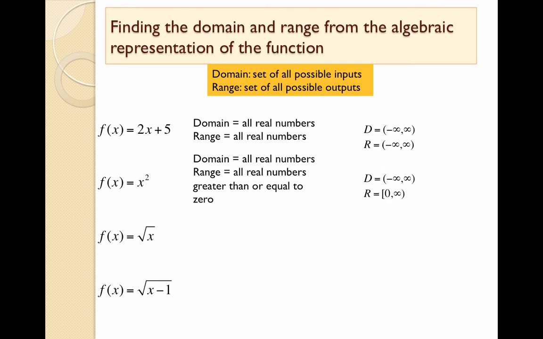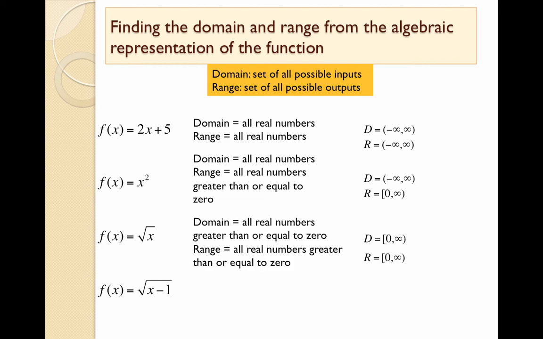So 0 is going to be the smallest number that we can put in there, but we can extend all the way to infinity. And now the range is going to be similar, because if we've got a positive value in there as an input, all we're going to get out of there is a positive value. So for both the domain and range, we have all real numbers greater than or equal to 0.